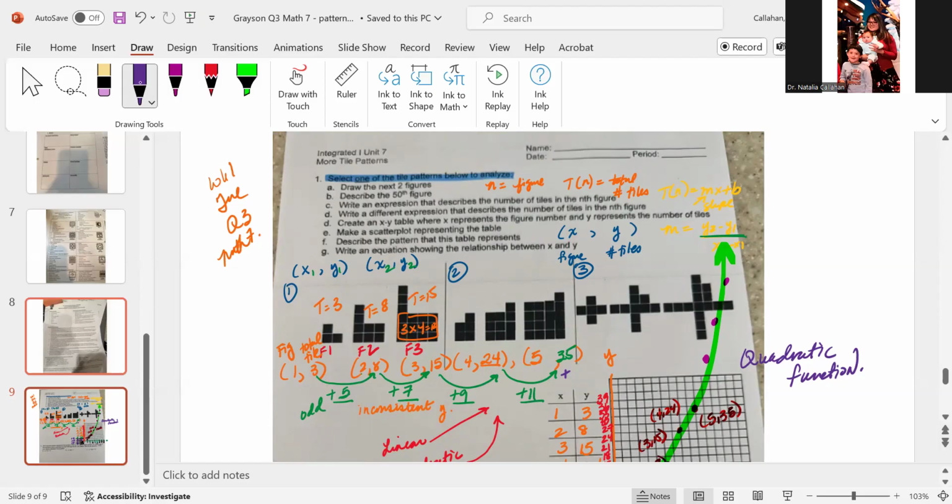You drew the next two figures, correct? So make sure you label that as A. Okay. So for B, what do you think is going to be? I mean, when you drew figure two, right? How did you expand it out? I drew figure two, I extended it out by one more up.